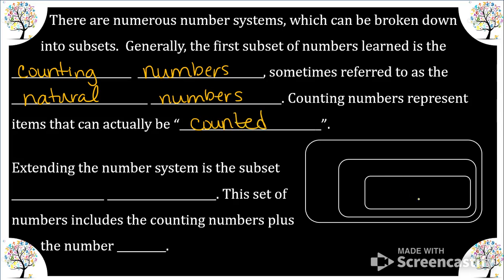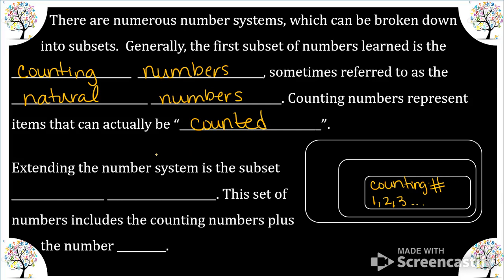So we're going to put this in the very most center of our diagram here. So the counting numbers, and I'm just going to use this symbol to represent the word number. So the counting numbers are 1, 2, 3, and so forth.